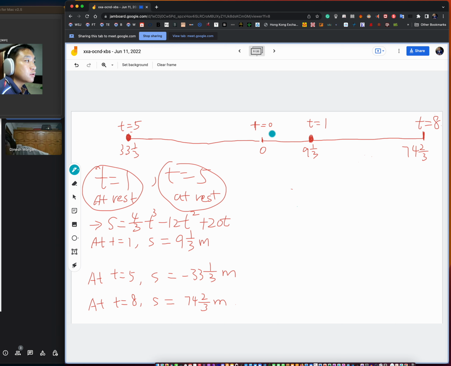I think you have no question about the first second. It should go to 9 and 1/3, right? And then t equals 5. That means from 1 to 5, it makes a turn and travels to here.